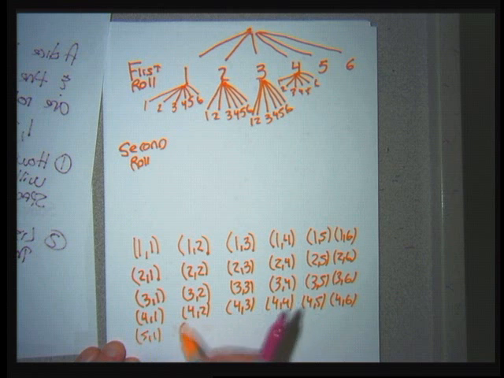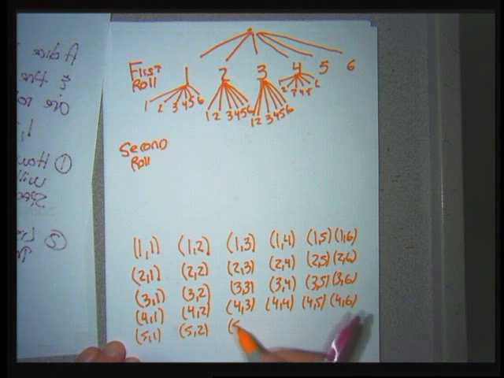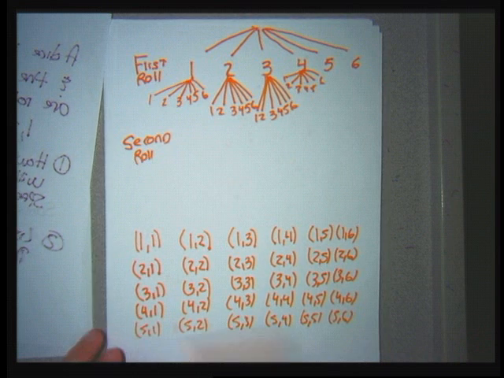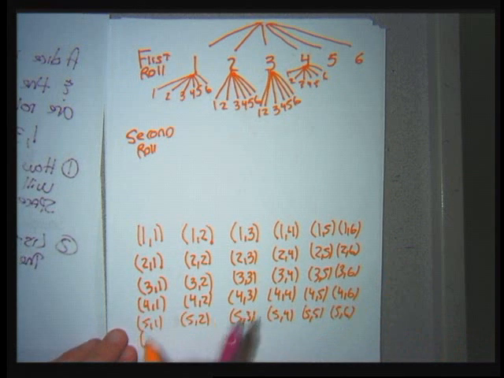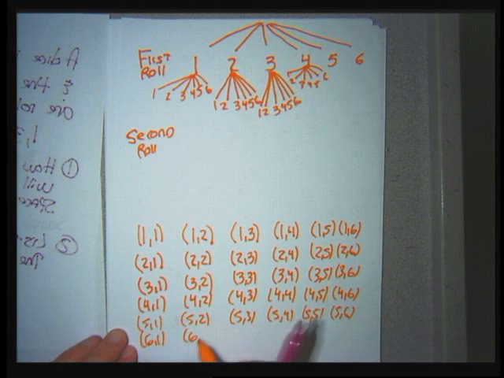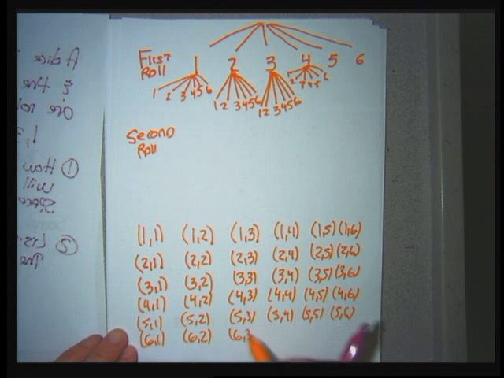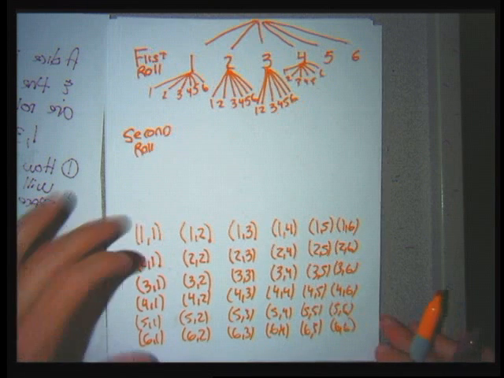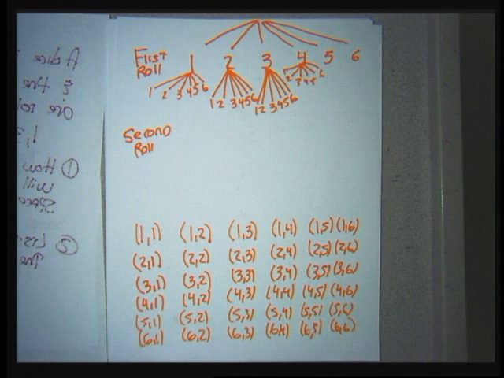So a 5 and a 1, a 5 and a 2, a 5 and a 3, a 5 and a 4, a 5 and a 5, and a 5 and a 6. And then with the 6, I'm going to get the same sort of thing, a 6 and a 1, a 6 and a 2, a 6 and a 3, a 6 and a 4, a 6 and a 5, a 6 and a 6.